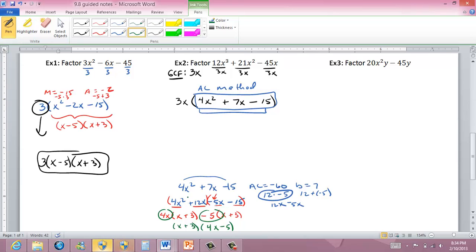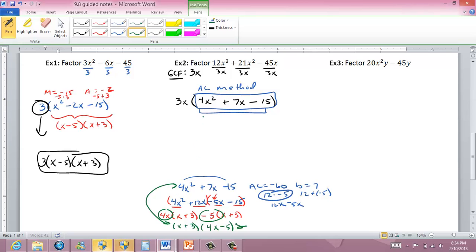So it's kind of like, if you think about it, if you go to the grocery store and the lady at the register says you owe her 4x squared plus 7x minus $15, it's no different if she told you owed her x plus 3 times 4x minus $5. These are the same expression written differently.